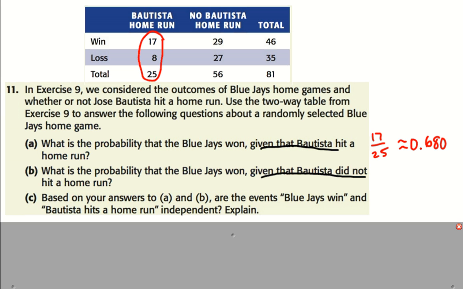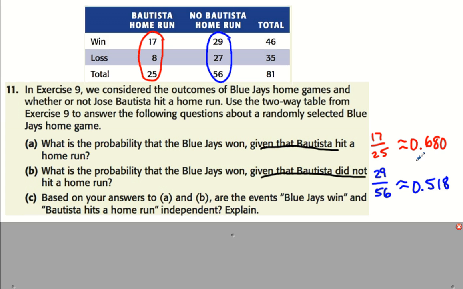And then if he did not hit a home run, we're in this column. The probability of winning in that column was 29 out of 56, which works out to approximately 0.518.